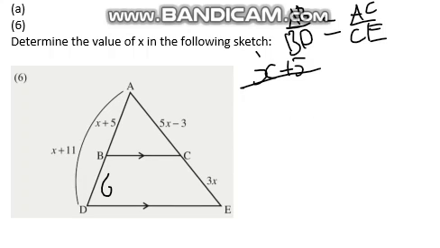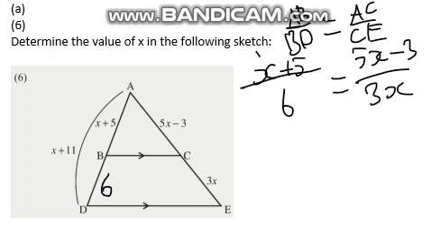We've got BD is equal to 6. So then we're going to put 6 under BD. We continue with our proportional statement: AC is equal to 5x minus 3 over CE, which is equal to 3x. Now the next step for us is to take the denominators and multiply them by the other side of the numerator.